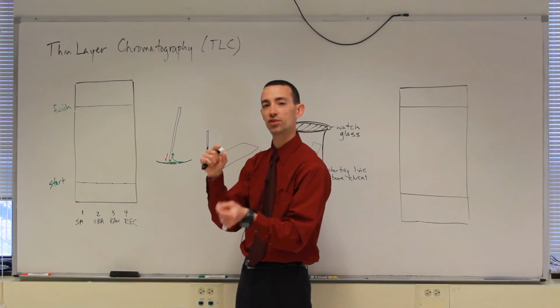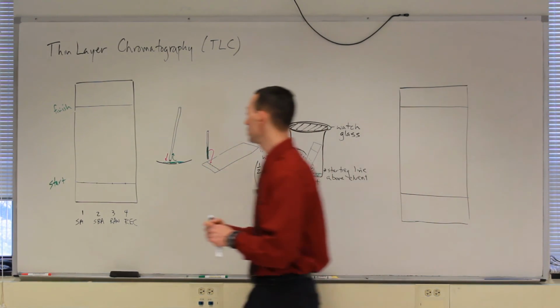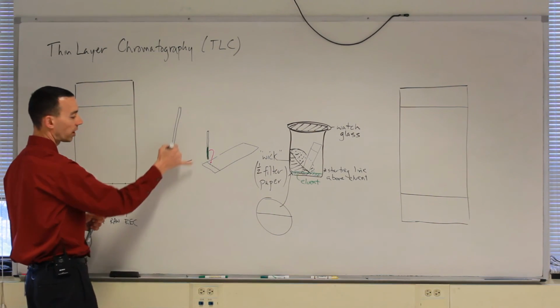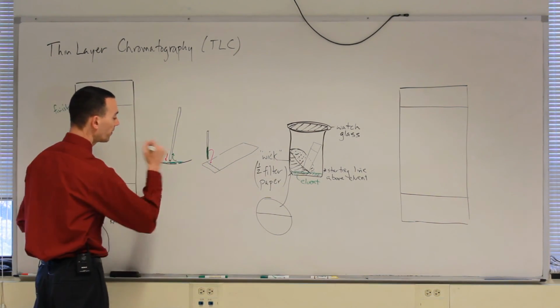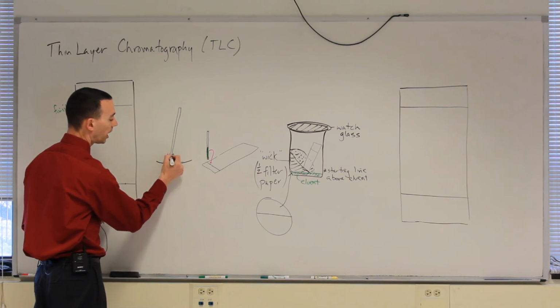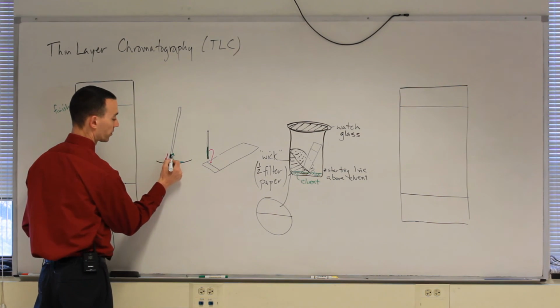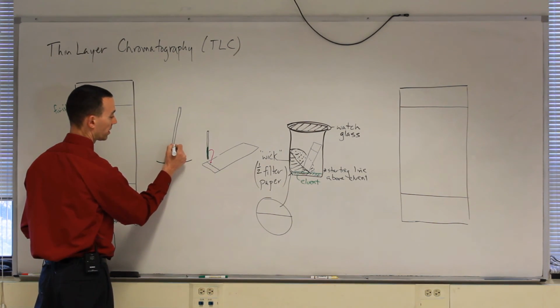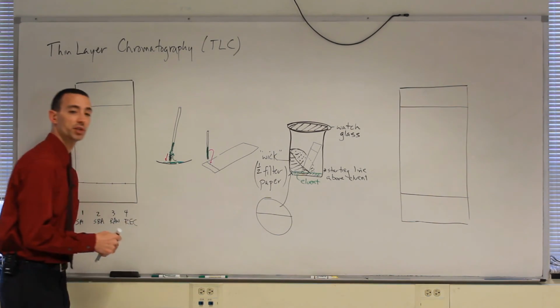So it literally is a straw, but a very, very narrow straw. When you touch that straw to the liquid in the plate, some of that liquid will be drawn up into the tube itself. I'm using green there to show that color. It'll draw about 1/3 or 1/2 of the way up the tube.